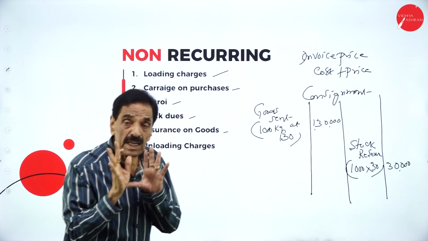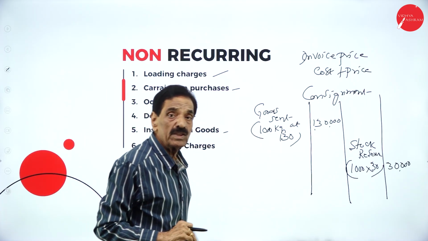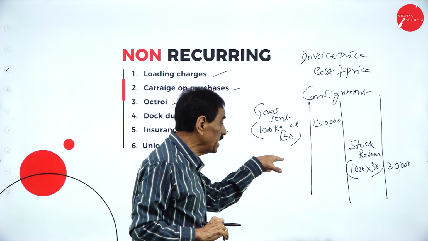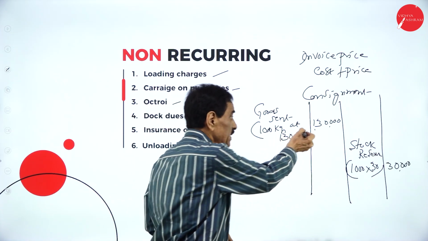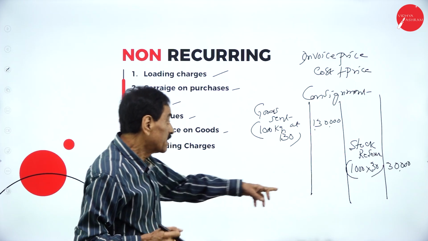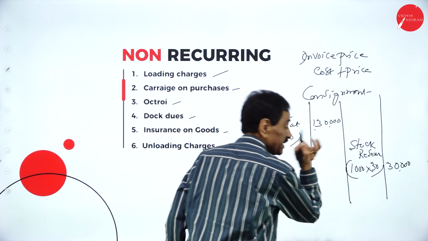This is how to do it when the invoice price is given. Goods sent on consignment account, 1000 kgs. The real cost is 100, you are sending at 130, this is your invoice price. How much more is there? 30, on 1000 kgs. You have to write the stock reserve.